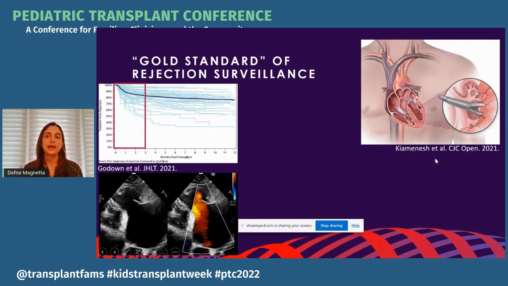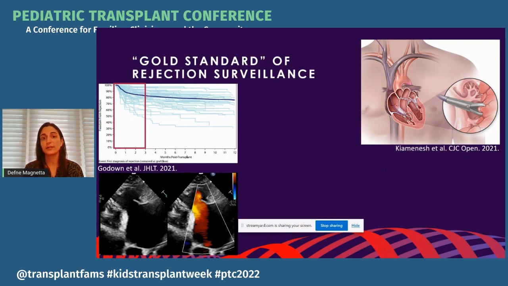This is done through a catheter inserted in one of the large veins, in this case, the right internal jugular vein, and through the superior vena cava into the right atrium, through the tricuspid valve, and into the right ventricle, where this tool called a bioptome with a little grasper at the end is able to take small pieces of tissue, remove them from the heart, and send them to pathology for investigation under the microscope and monitoring for rejection.